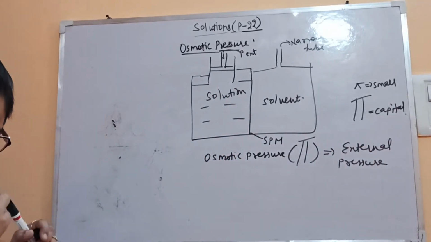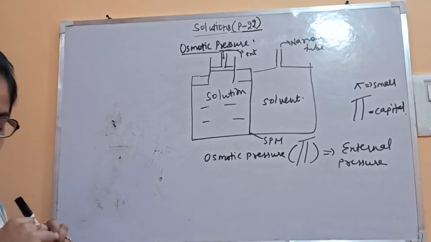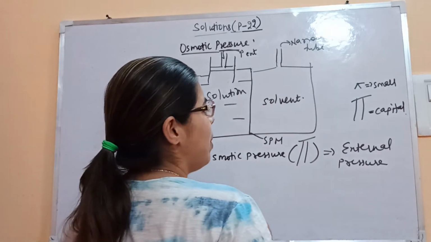Okay, it is the external pressure that has to be applied on the solution side to prevent the osmosis of the solvent into it through a semi-permeable membrane.